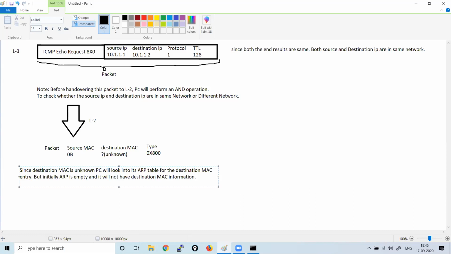Initially our table is empty and it will not have any destination MAC information. Hence, what happens?